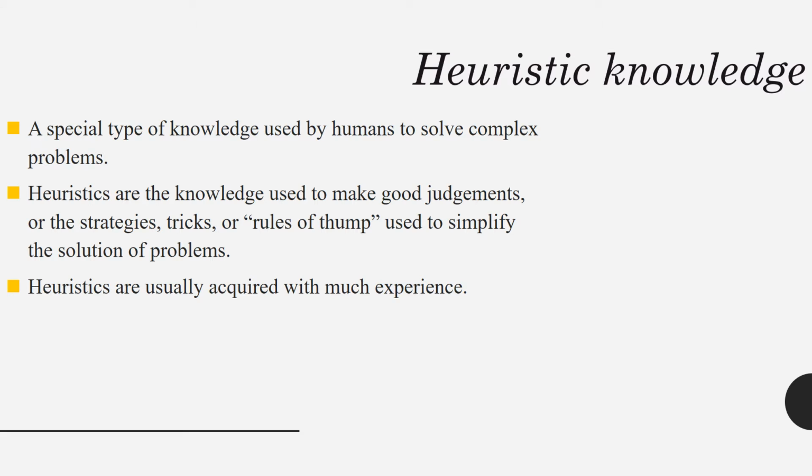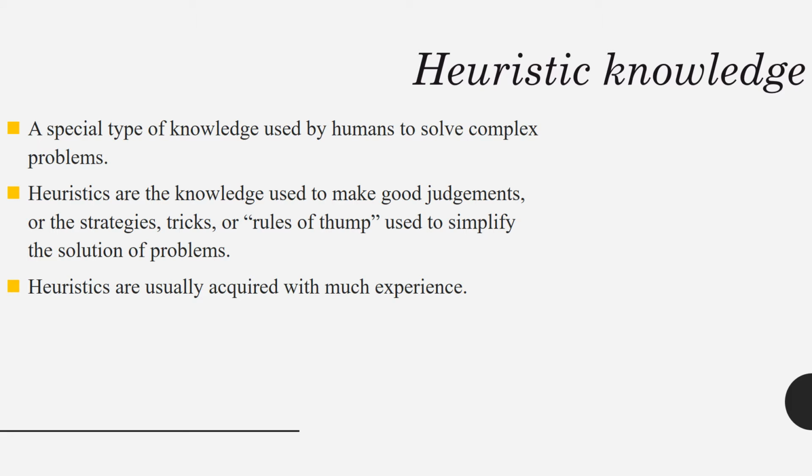The shortcuts that you know because of your experience can be called heuristic knowledge. That is, the tricks that we use to arrive at solutions easily can be called heuristic knowledge.